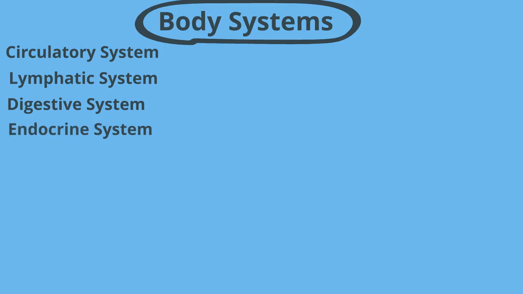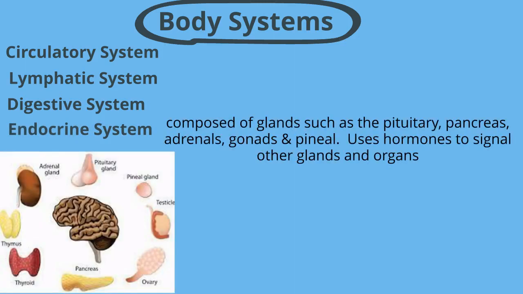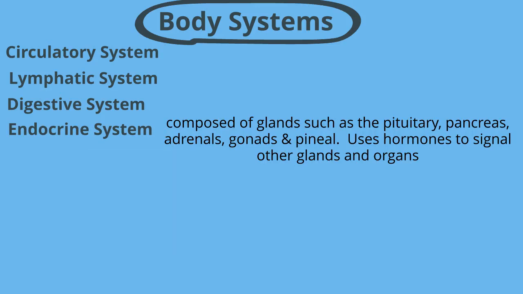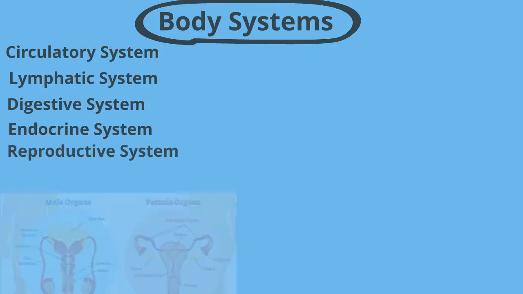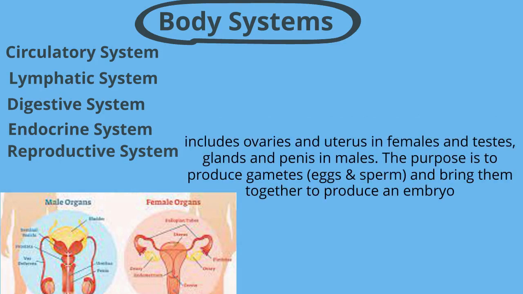The endocrine system is composed of glands such as the pituitary gland, pancreas, adrenals, gonads, and pineal gland. Hormones are chemical messengers used to signal other glands and organs. The reproductive systems includes the ovaries and uterus in females, testes, glands, and penis in males.